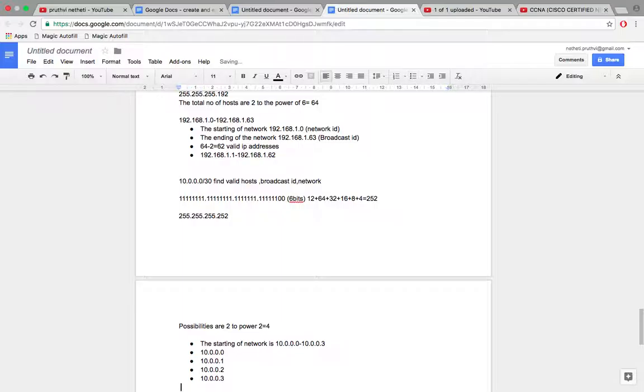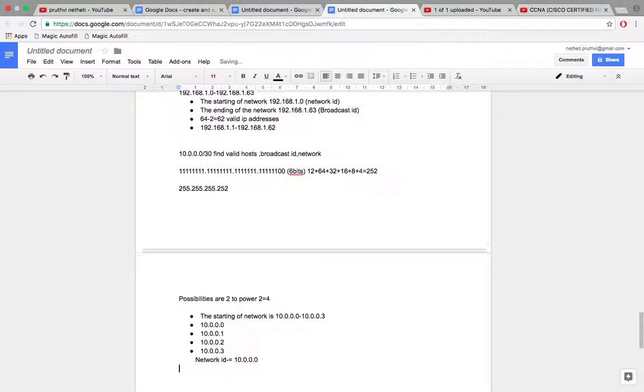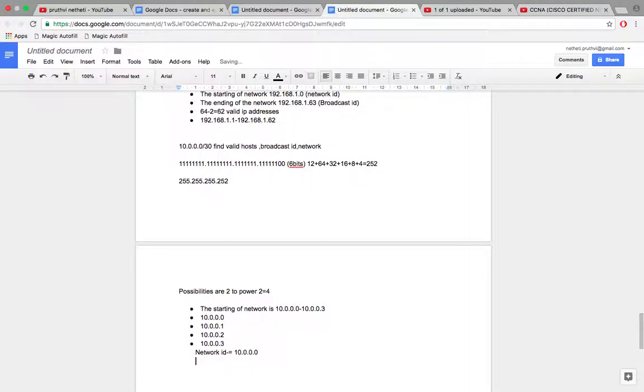What is the network ID? The network ID is 10.0.0.0. The last one, what is the broadcast ID? The broadcast ID is 10.0.0.3.